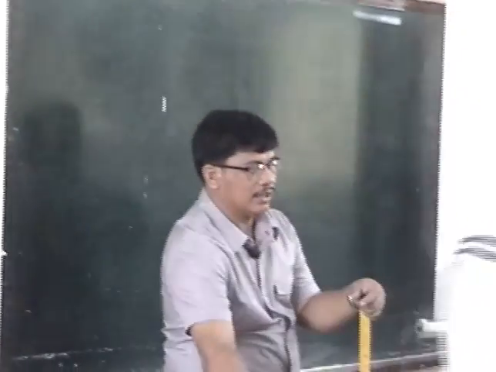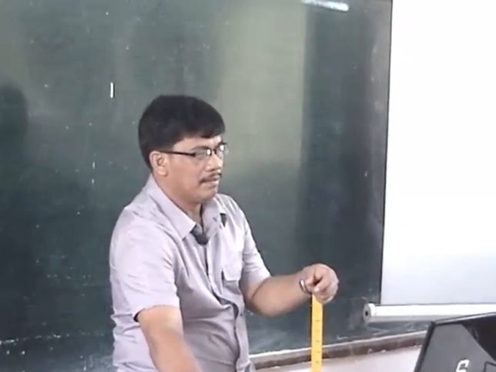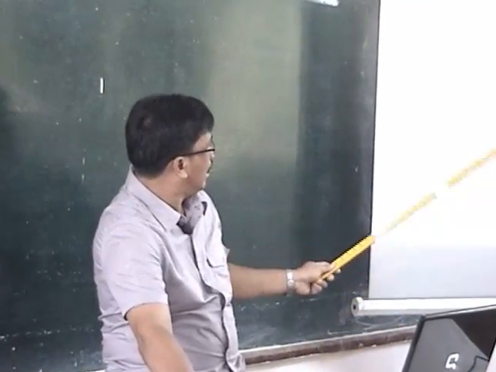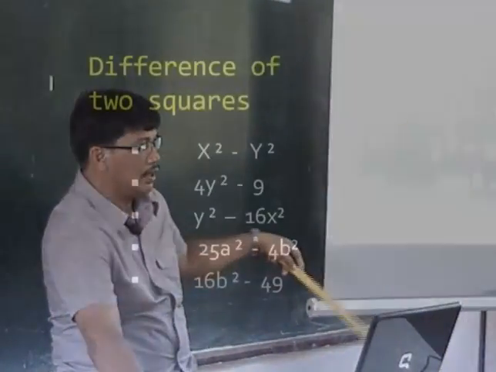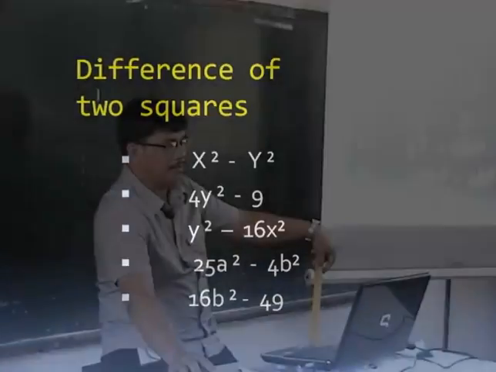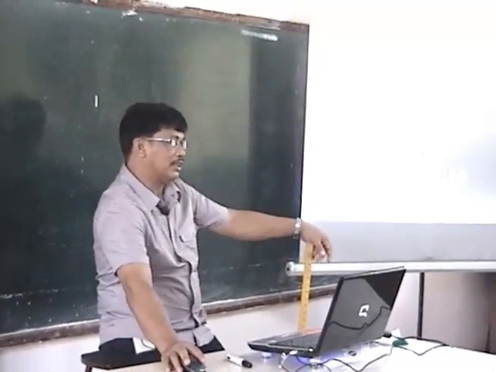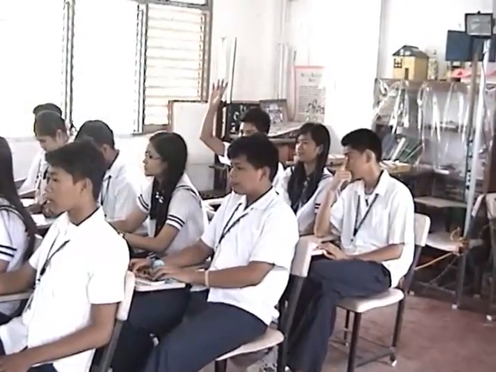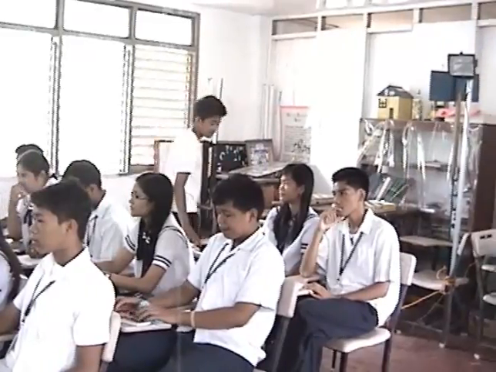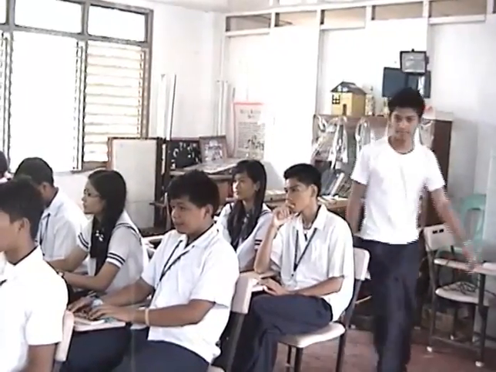So, exactly correct, Renzel. So, as you notice, the difference of two squares consists of two terms only. Okay, very good. What else? Okay. Yes, Jerry? Two terms has a perfect square.